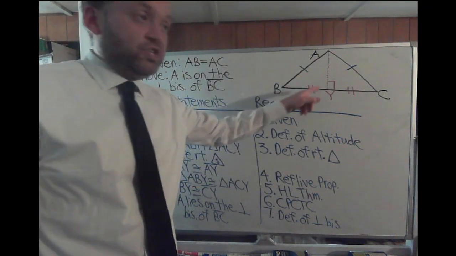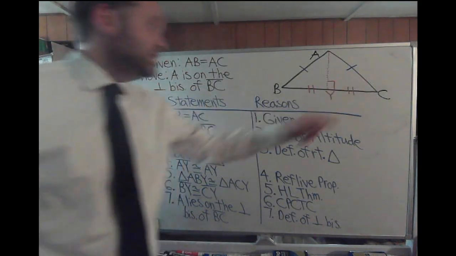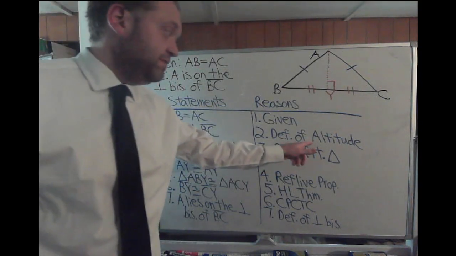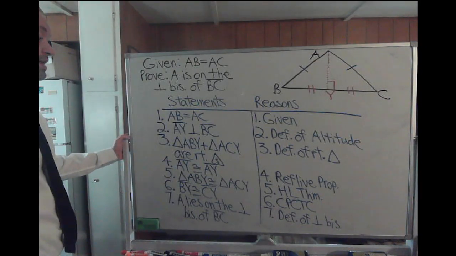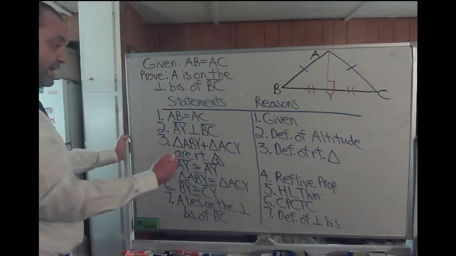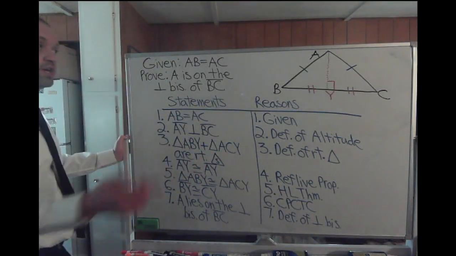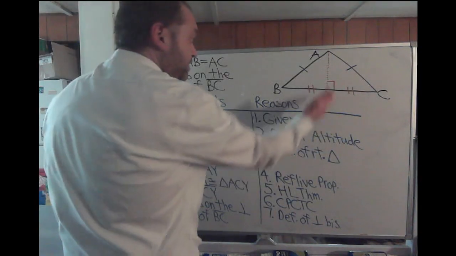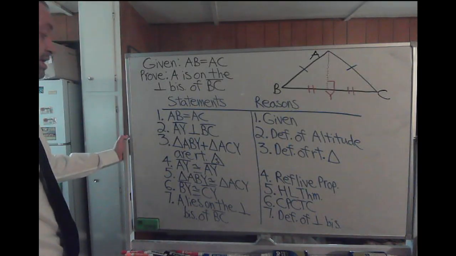It's the altitude of this triangle, which means AY would be perpendicular to BC by the definition of altitude. And then that has to mean that triangles ABY and ACY are right triangles by the definition of right triangles, since both of these triangles have right angles.